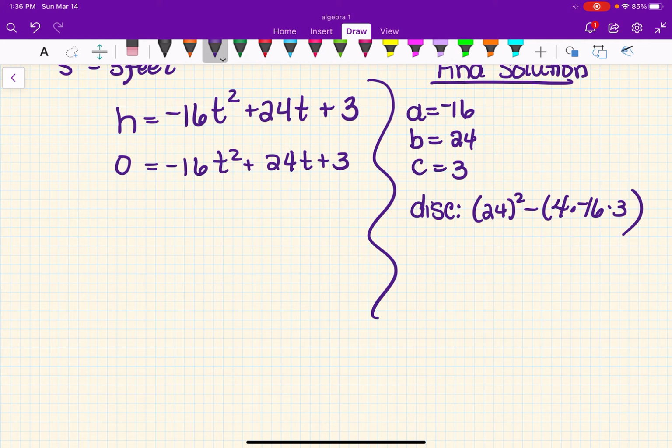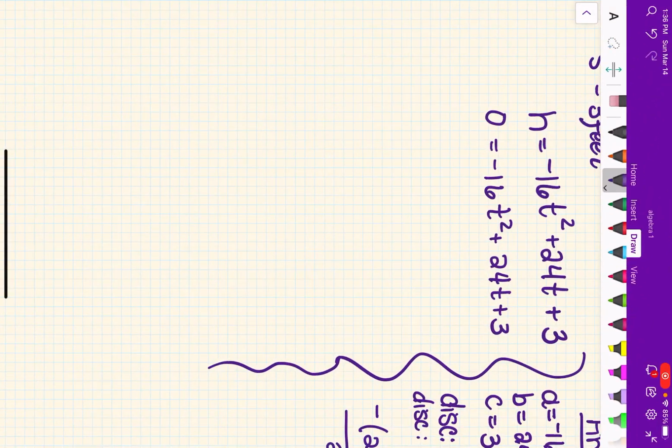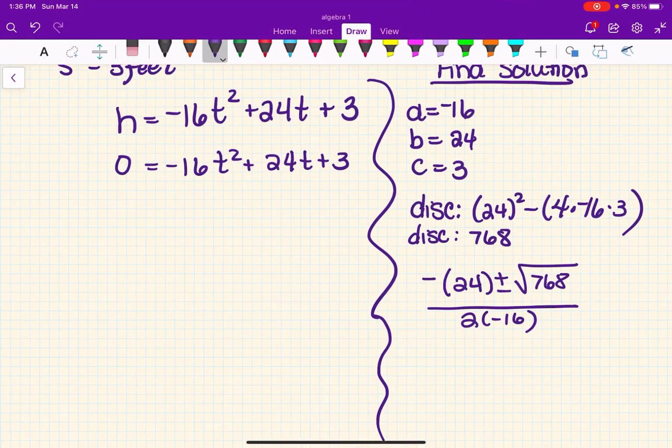So our discriminant is 768. So we know we have two real solutions. Now we have to finish the quadratic formula. Negative b, and you might need to go look this up again, plus or minus the square root of the discriminant, 768, all over 2 times negative 16. This work I expect to see on your paper or on a separate sheet that you turn in. I'm not just pulling these answers out of my head, and neither can you. So you need to show the work.